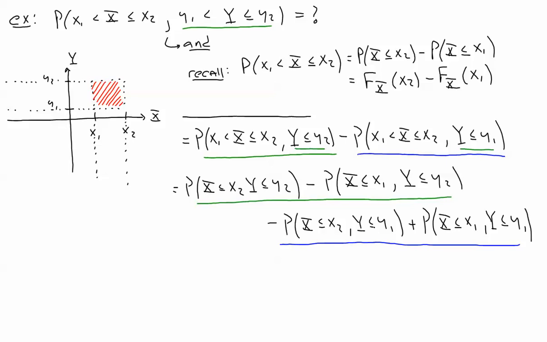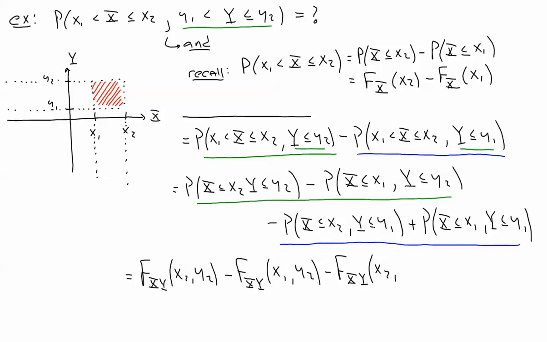And then to simplify this one last time, this becomes the joint cumulative distribution function evaluated at x2, y2 minus the joint CDF evaluated at x1, comma y2 minus the joint CDF evaluated at x2 and y1 plus, and that plus sign is important, the joint CDF evaluated at x1, comma y1.